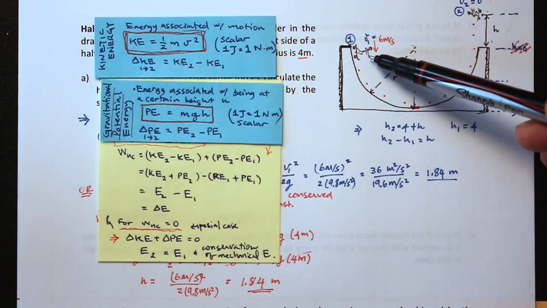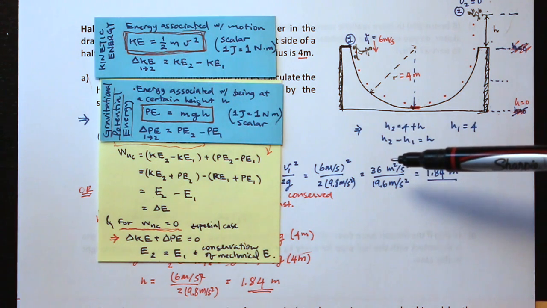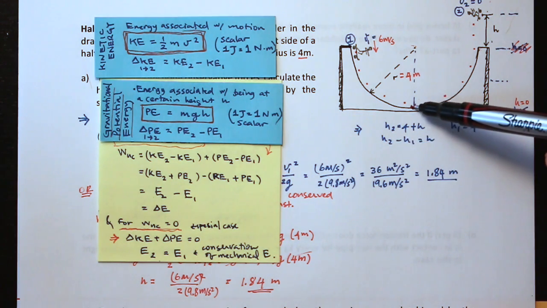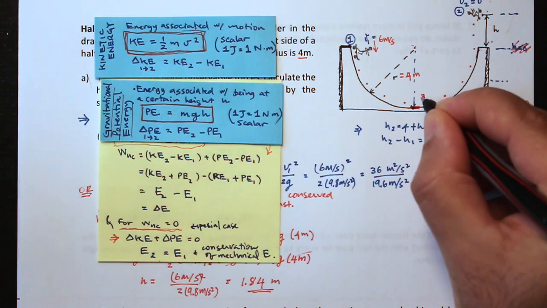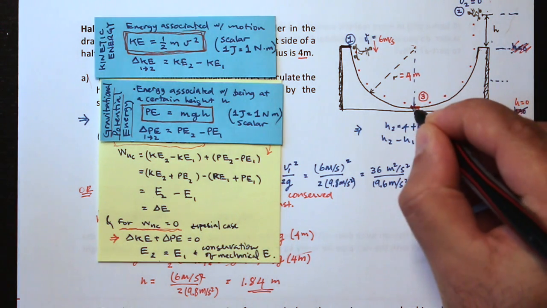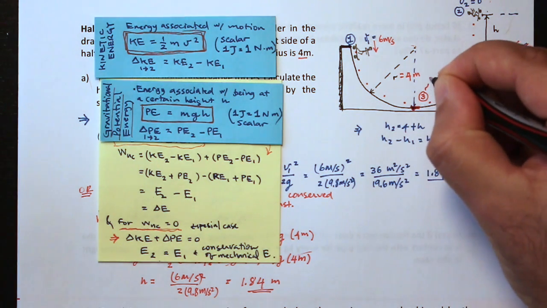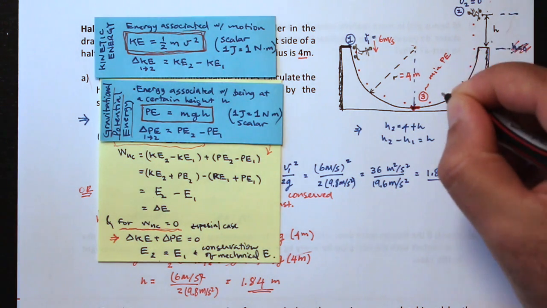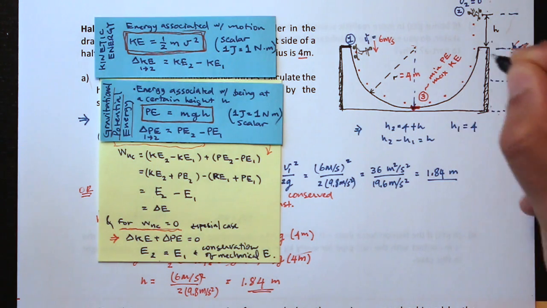So the point at which kinetic energy is maximum is the point at which the potential energy is minimum. And the potential energy is minimum right at this point, which I'm going to label as point 3, the lowest point here. I have minimum potential energy, which means I have maximum kinetic energy.